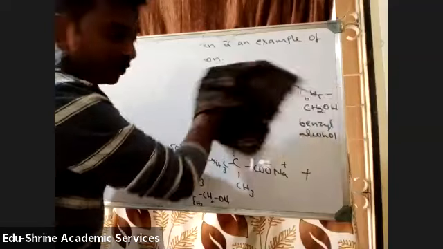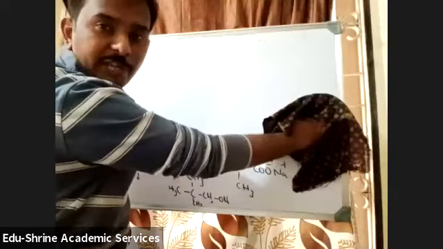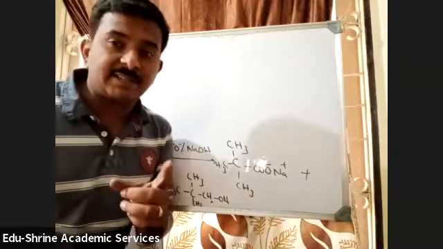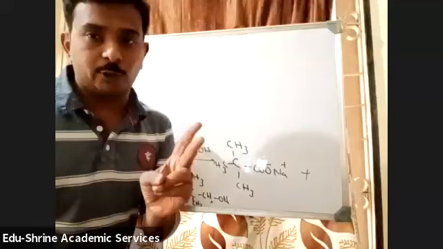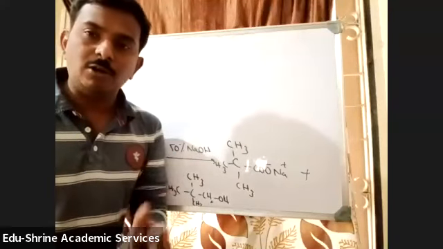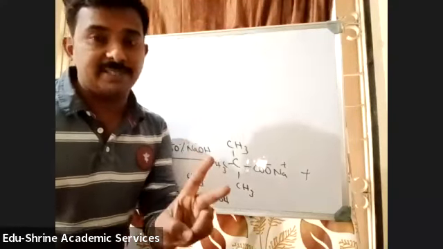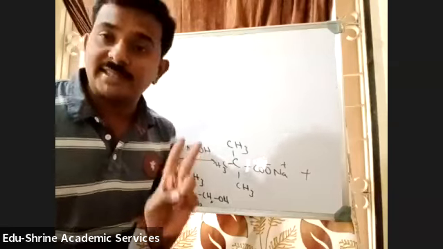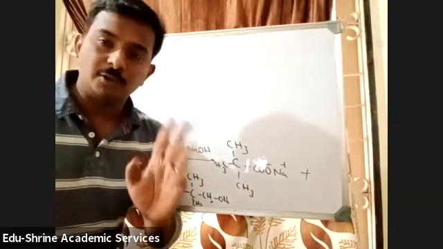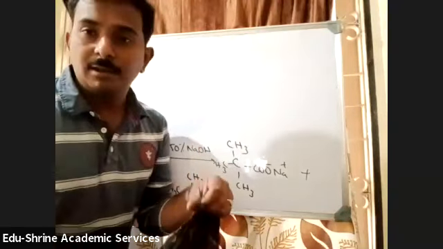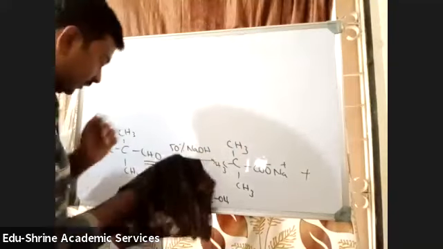For the theory exam, students, they will ask either benzaldehyde or formaldehyde. In aldol also, they will ask either acetaldehyde or acetone. Only these two. In Cannizzaro, either formaldehyde or benzaldehyde. Only these two they are going to ask in the board exam if it comes. So please remember the products formed with these two reactions. Right?